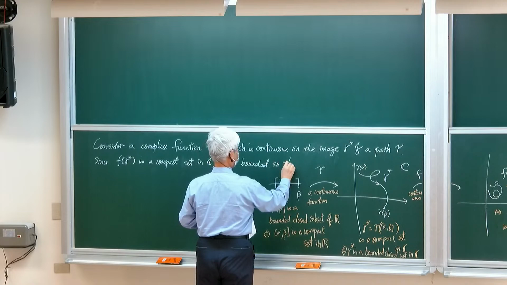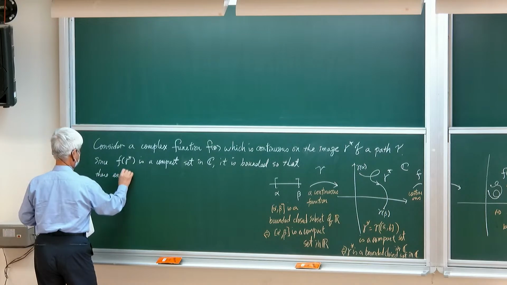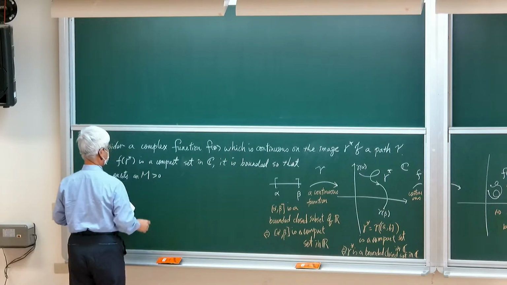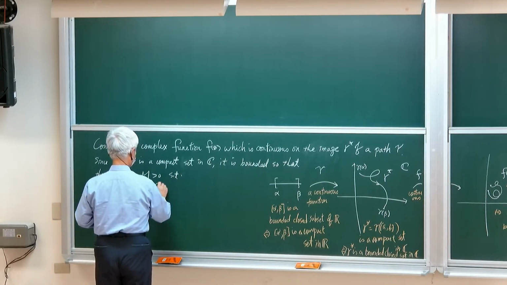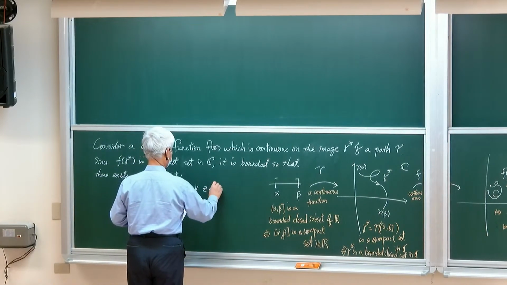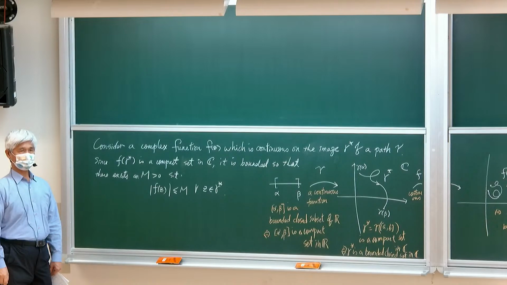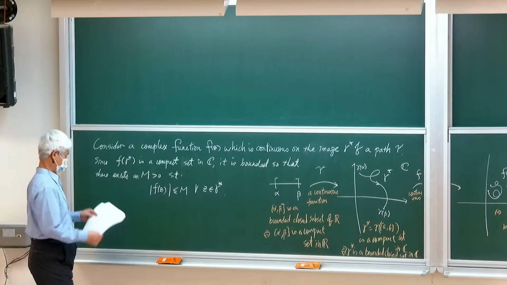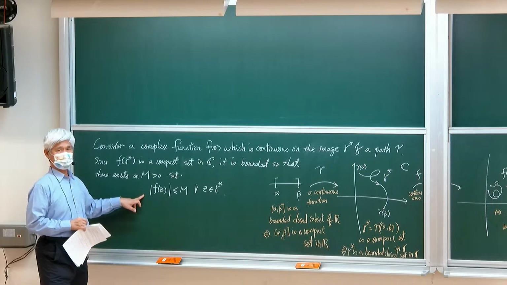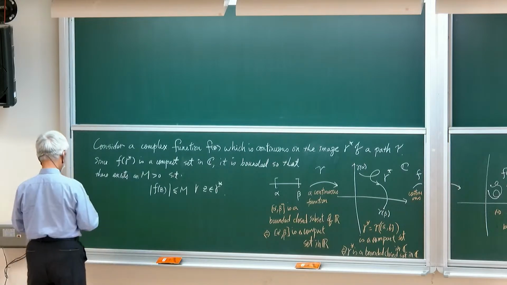So that there exists an M greater than zero such that the absolute value of f of z is less than or equal to M for all z in gamma star. Any questions at this point?